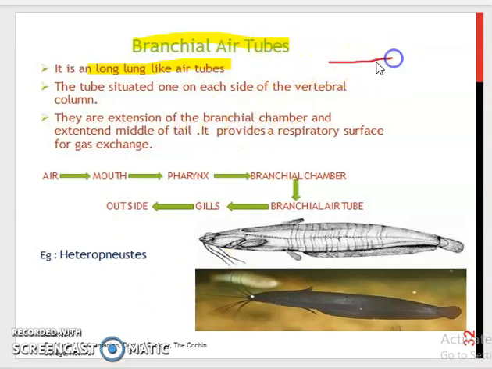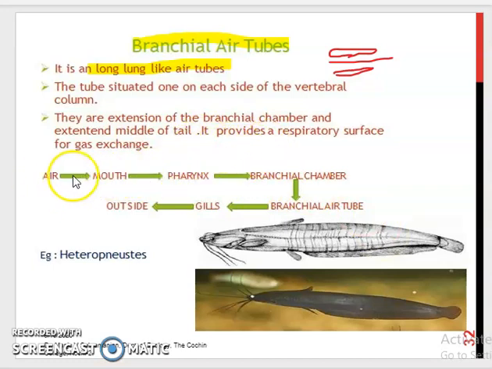If this is the vertebral column, on either side you can see an elongated branchial air tube, somewhat like this. They are an extension of the branchial chamber and extend up to the middle of the tail, and they provide a respiratory surface for gaseous exchange.